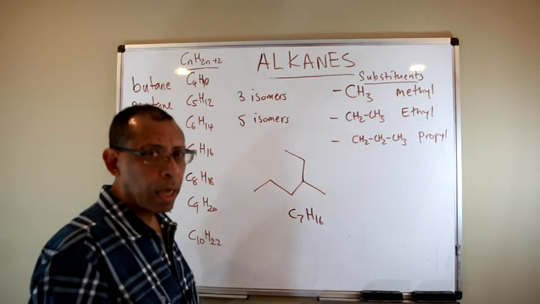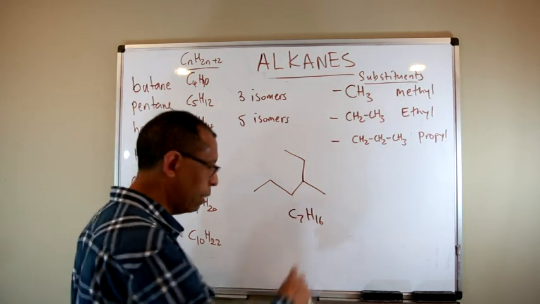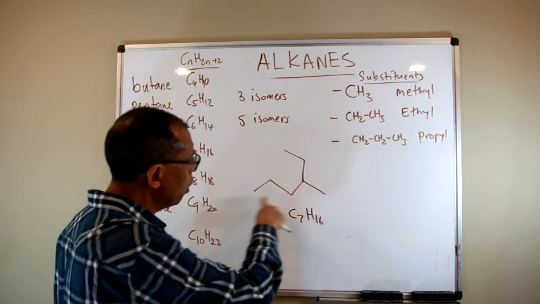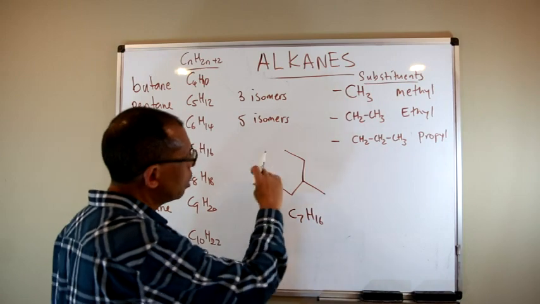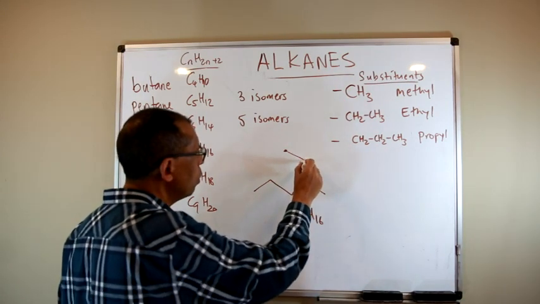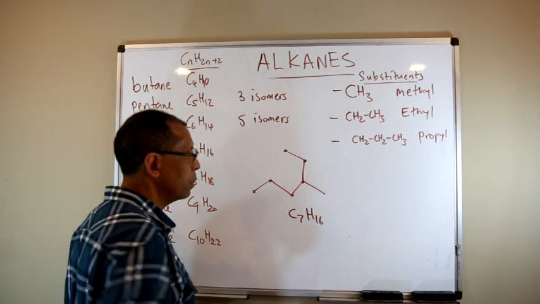So let's again practice the naming of this hydrocarbon with 7 carbons. Let's look at what the longest chain is. The longest uninterrupted chain would be 1, 2, 3, 4, 5, 6.